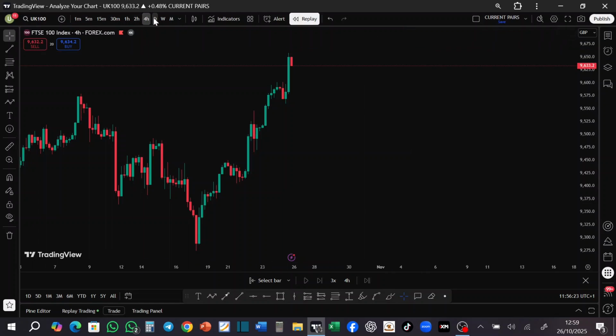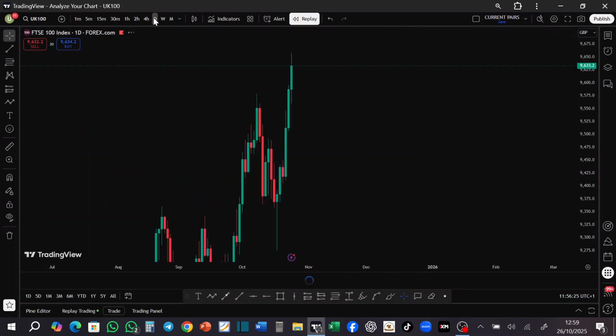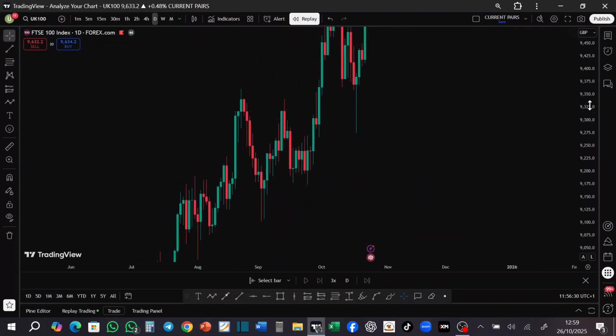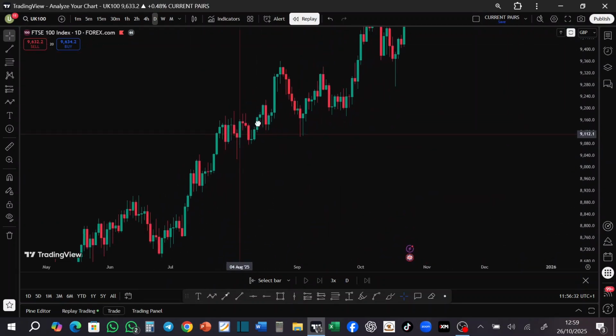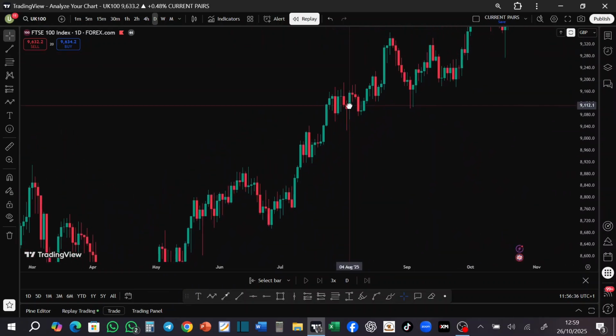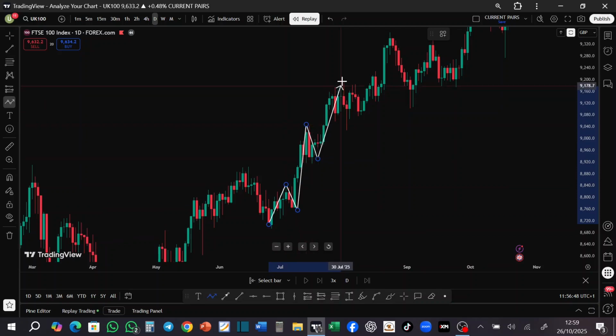Okay, so if the market is forming higher highs and higher lows, for instance, I can't form a replay here. Let me see if I can do a replay on a daily time frame. Okay, on a daily time frame I can do a replay, I think. So here price was making higher high, higher low, higher high, higher low, just like that.